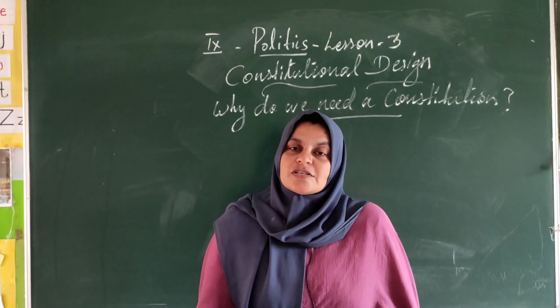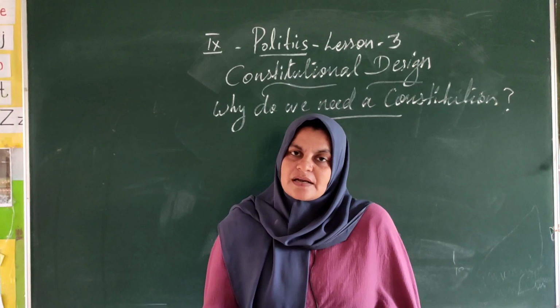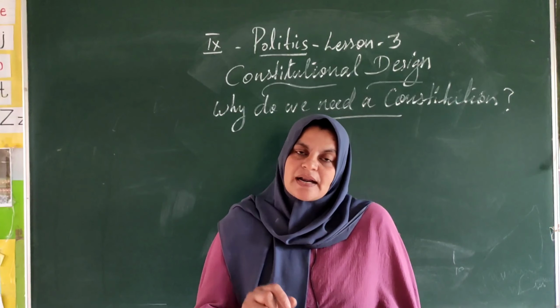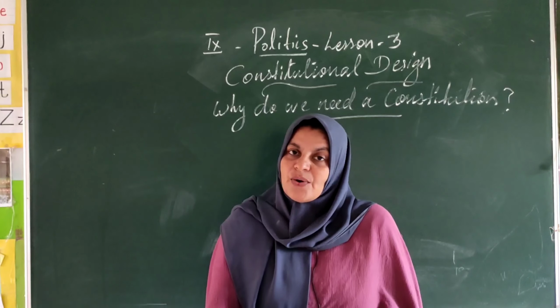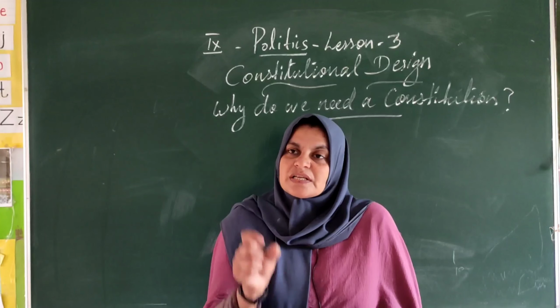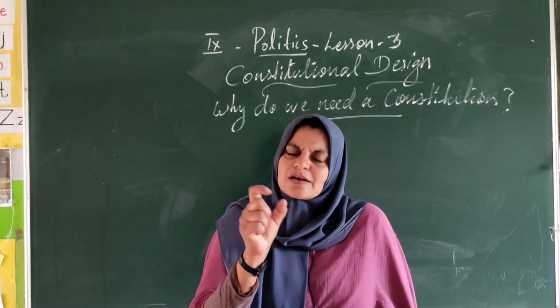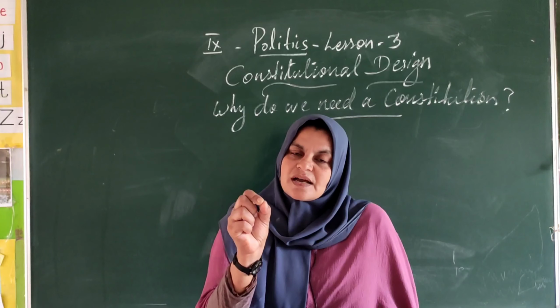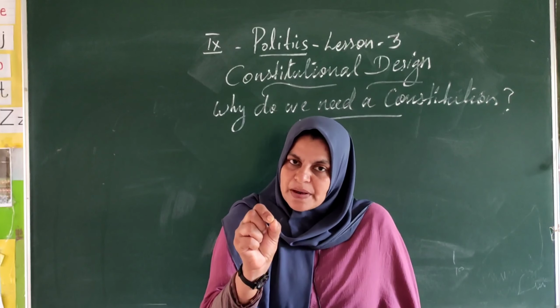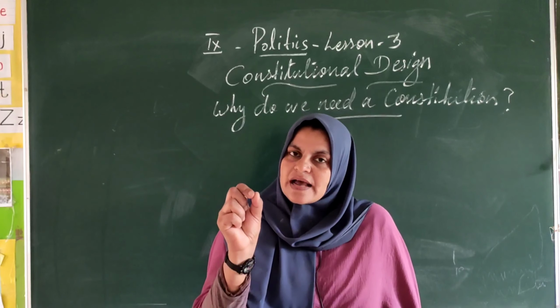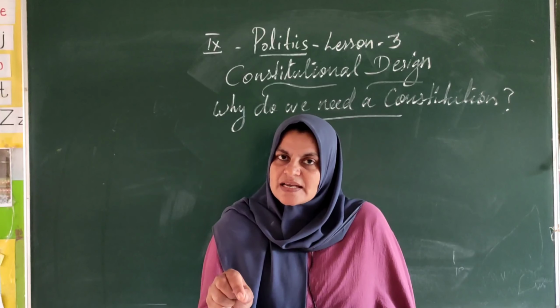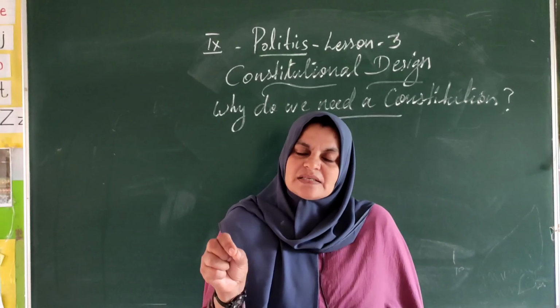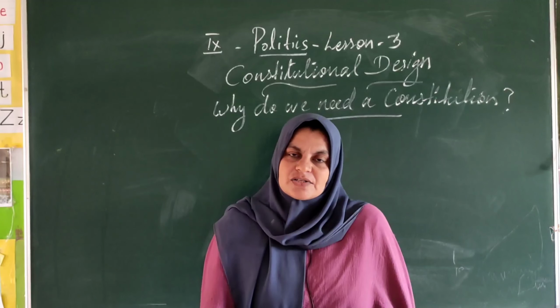We think that a constitution is necessary only for a country's government or to run a country. No, never. A constitution is a set of written rules and documents, laws and rules that the country, the people or the members have to follow, and the citizens' rights and the government's duties and rights, everything is mentioned clearly in the constitution.